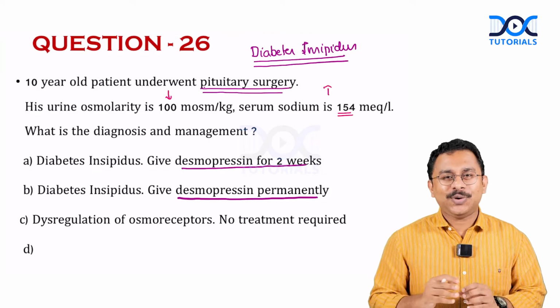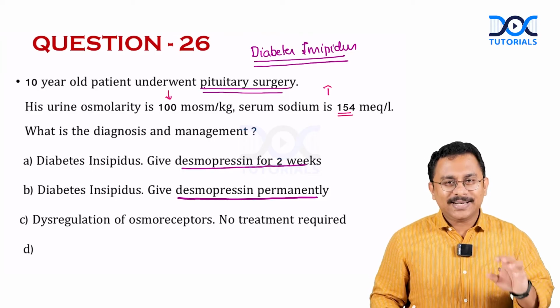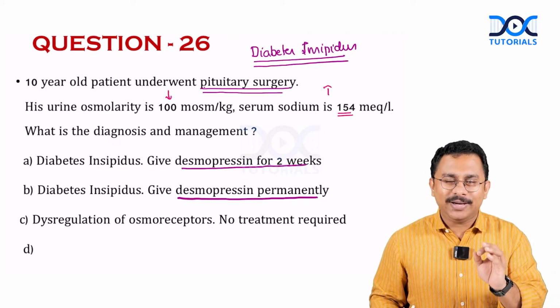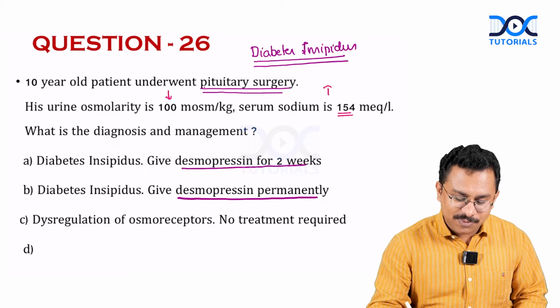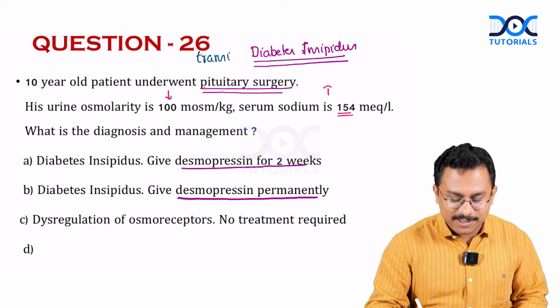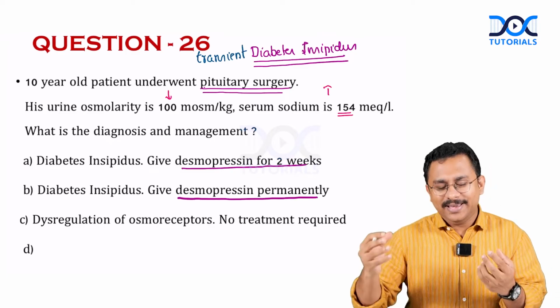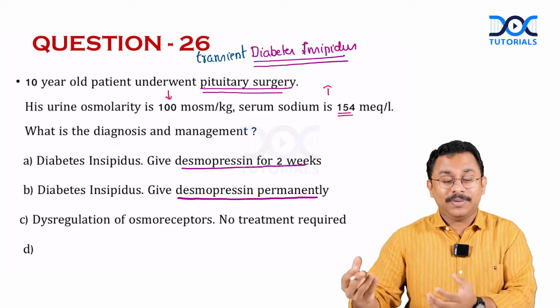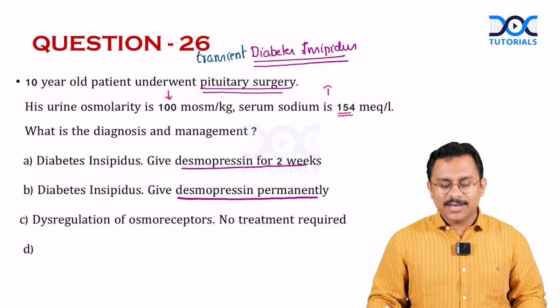For this you have got to have a good idea about this topic. Please understand that following a pituitary surgery, the diabetes insipidus that develops is, in most cases, a transient one. Only very rarely is there a possibility of a permanent diabetes insipidus. It's usually a transient one.